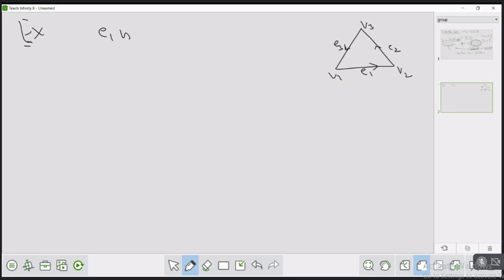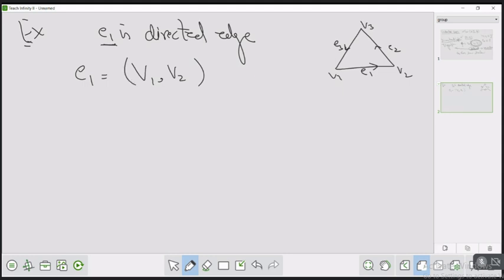E1 is a directed edge, whose vertices are V1 and V2. So edge E1 has a direction, and the edge has two terminals, meaning the end points.